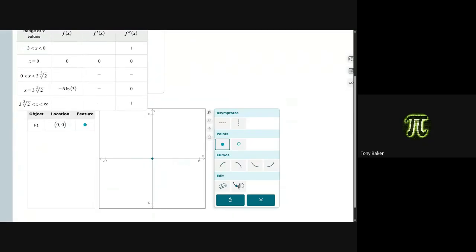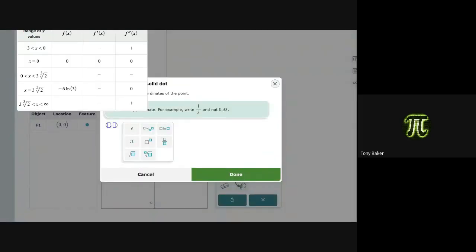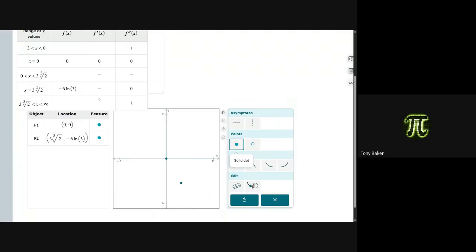And there's one more point on this one. We have an inflection point at that point, and an inflection point and a horizontal tangent at that point. But we don't have to graph those extra points.